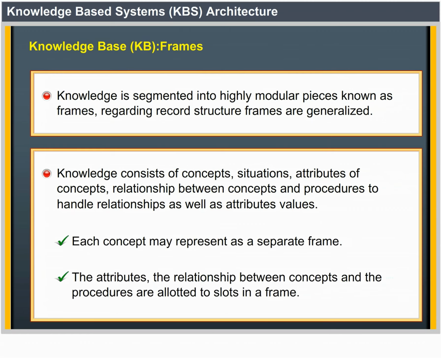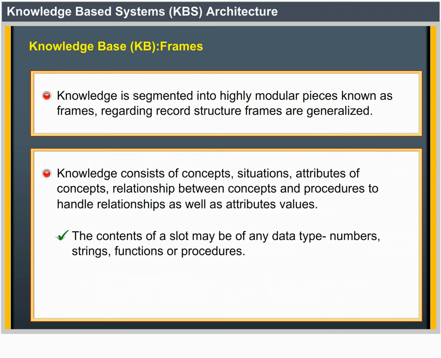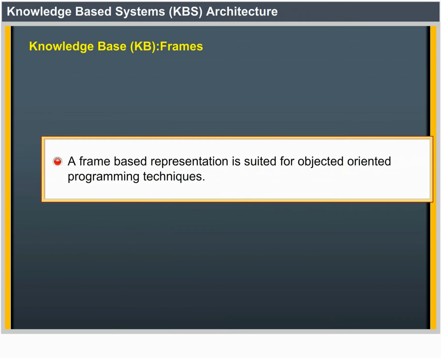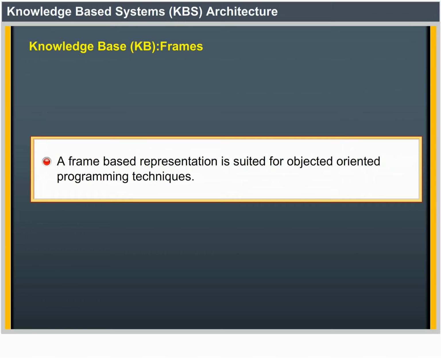The attributes, the relationships between concepts, and the procedures are allotted to slots in a frame. The contents of a slot may be of any data type: numbers, strings, functions, or procedures. The links among the frames provide identical inheritance to that provided by a semantic network. A frame-based representation is suited for object-oriented programming techniques.